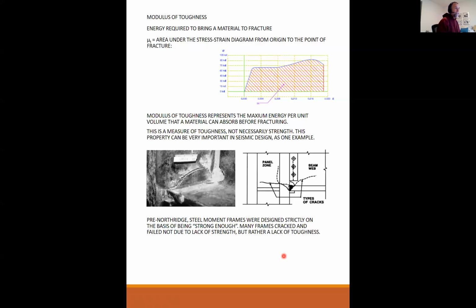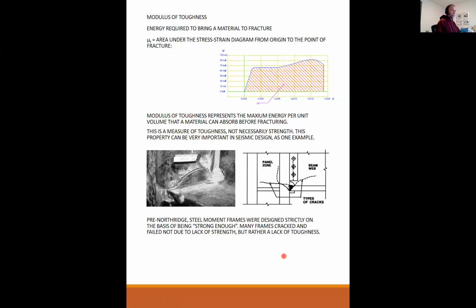So when you design moment frames, particularly before 1994, we basically would just use equations to derive what the loading demand is on the building. And then we would design this beam and this column and this welded connection and everything to resist that level of strength or loading without a whole lot of consideration of toughness.